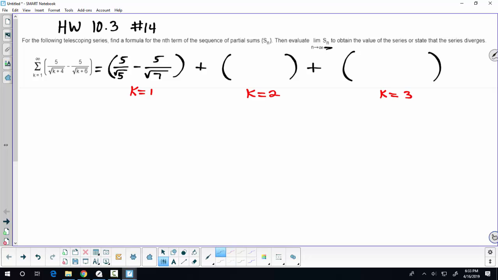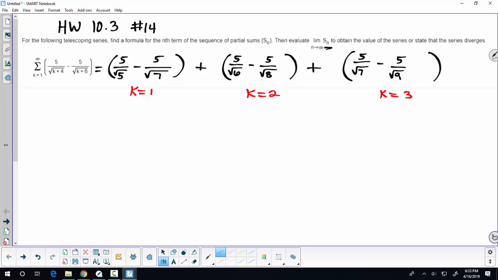K equals 2, 5 over root 6 minus 5 over root 8. 5 over root 7 minus 5 over root 9. Okay, so we get cancellation there with minus 5 over root 7, 5 over root 7. So that's enough to tell us what cancels, right?